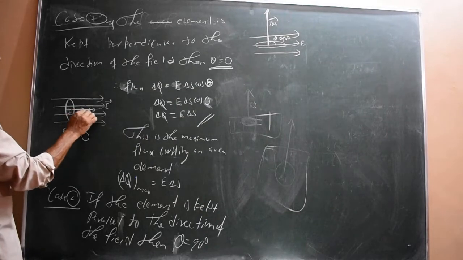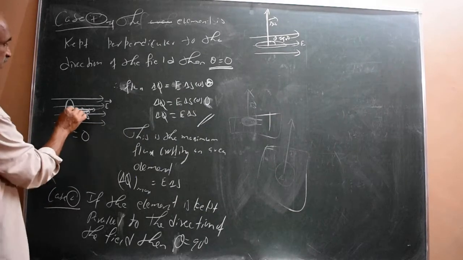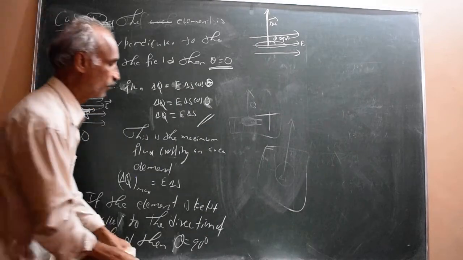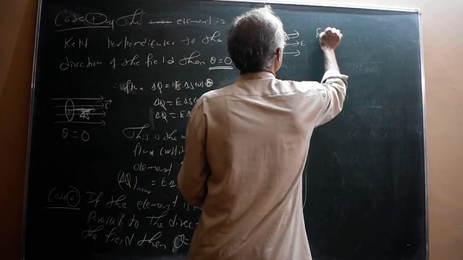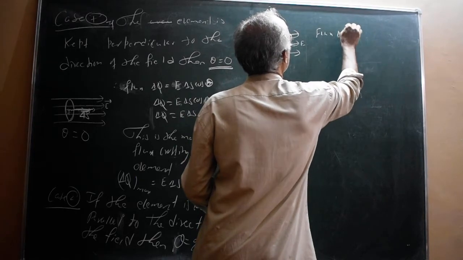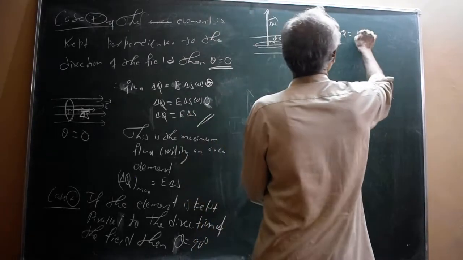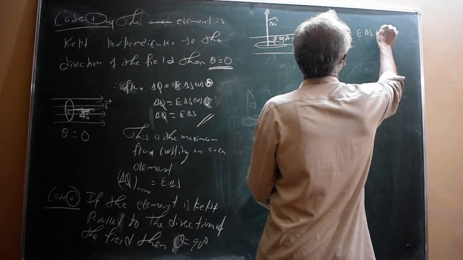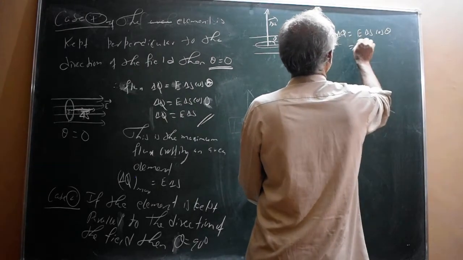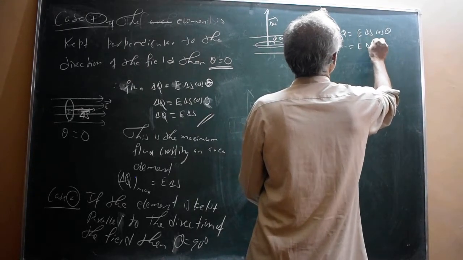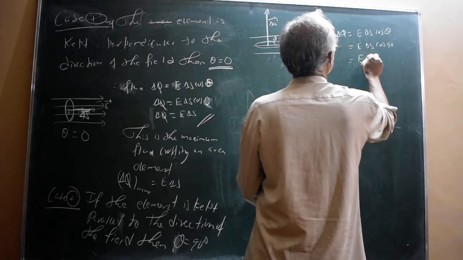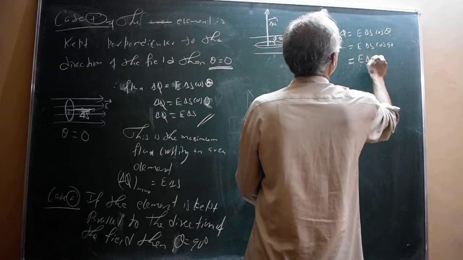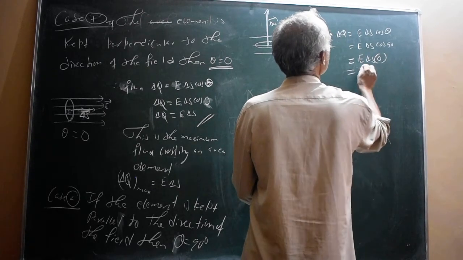Therefore, flux delta phi is equal to E into delta S into cos theta. Theta is 90 here, so E into delta S into cos 90. Cos 90 is 0, therefore the flux is 0.